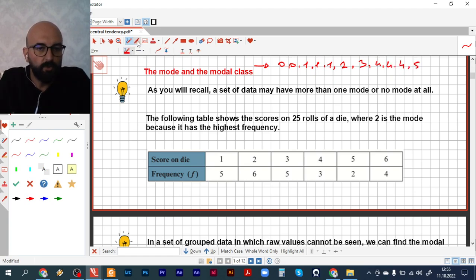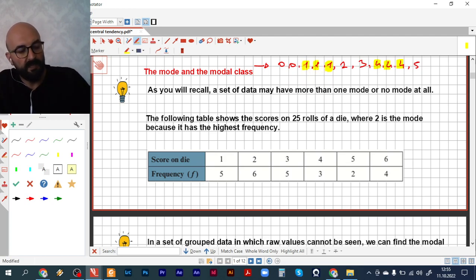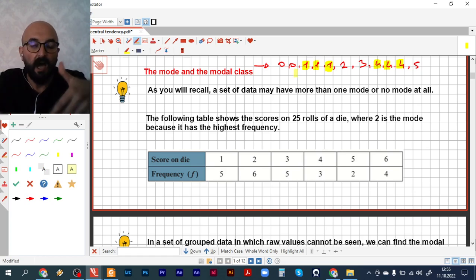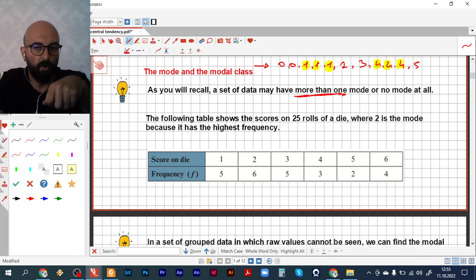If you look at these values, you have 3 times 1, and you have 3 times 4. These amounts are different from the other values. And in this data you have two modes, also more than one mode.